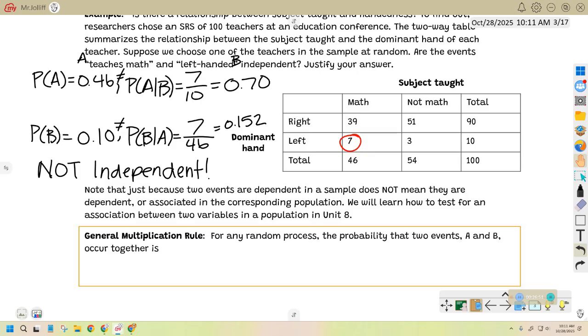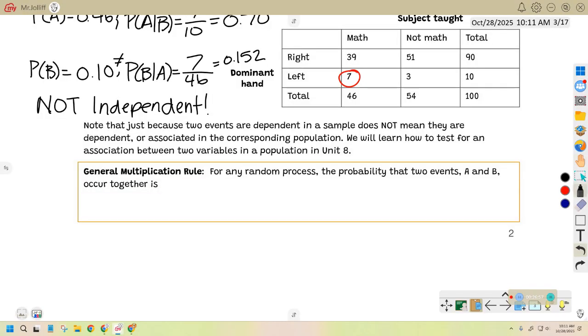Good. Okay. So next is our second probability rule. Last week we learned about the addition rule for or questions. Now we have the multiplication rule, which is for and questions.